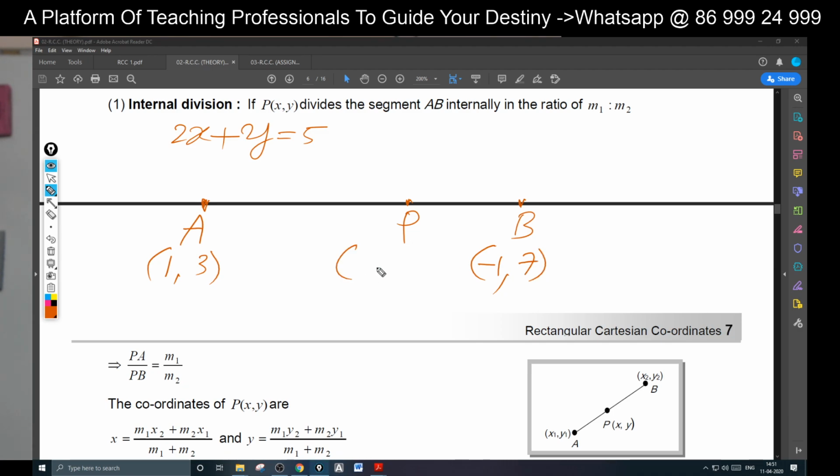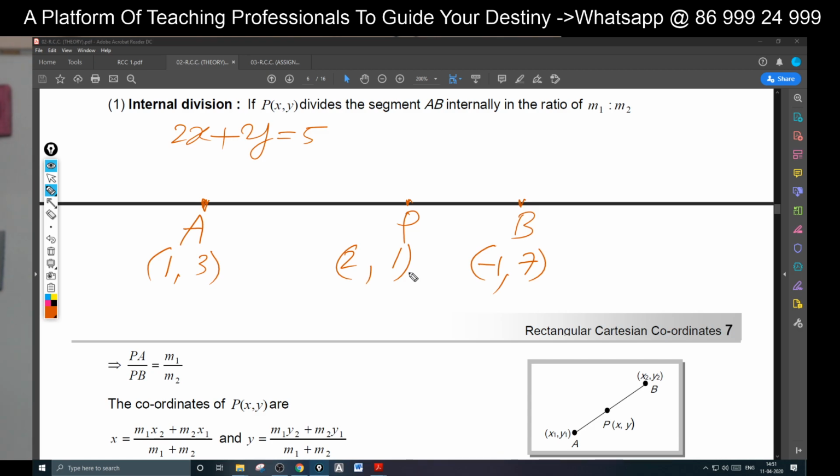Okay, let me take x2 here, substitute 2 here, y will be 1. So, these are 3 collinear points, understand? These are 3 collinear points.